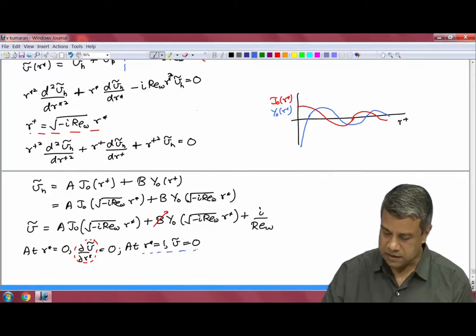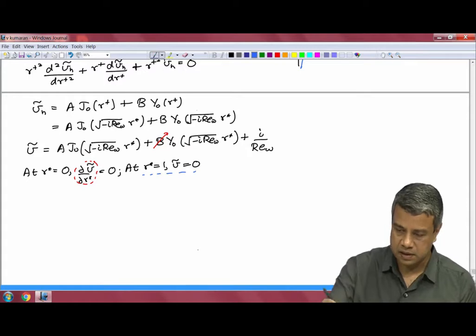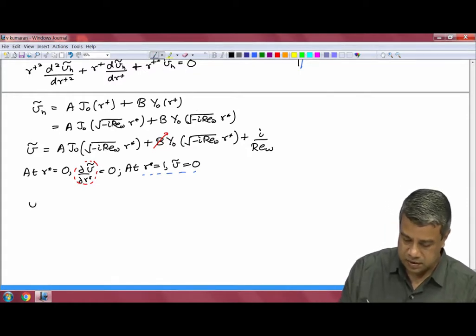And in order to satisfy the second condition, I have to find out what the coefficient A is. That is quite easy to do.